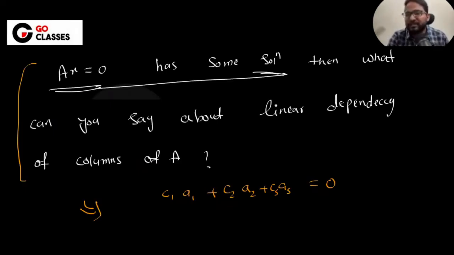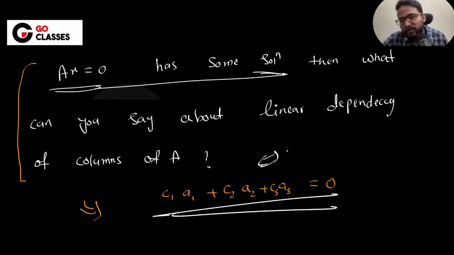So Ax equal to 0 has some solution. Then can you say about the linear dependency of the columns? Suppose I just give you this information, that Ax equal to 0 has some solution, then what can you say about the linear dependency of the columns? Writing this equation and Ax equal to 0 is actually the same.